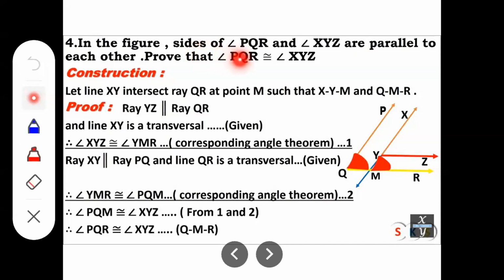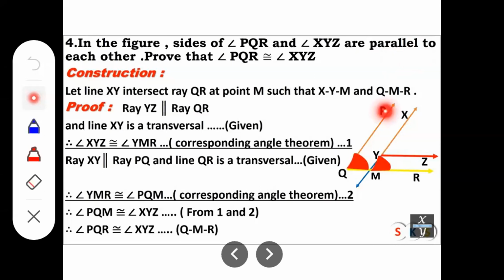Sides of angle PQR and angle XYZ are parallel to each other. Angle PQR is the greater angle, and the other is angle XYZ, the angle within. These are the two angles given here, and what is given specially is that their sides are parallel to each other.